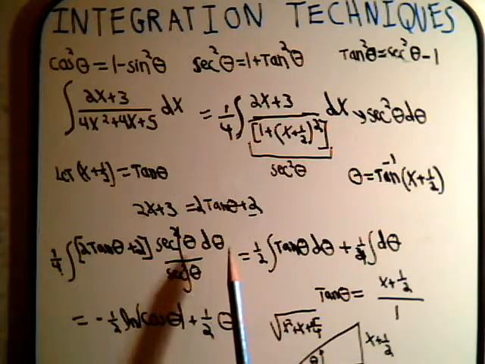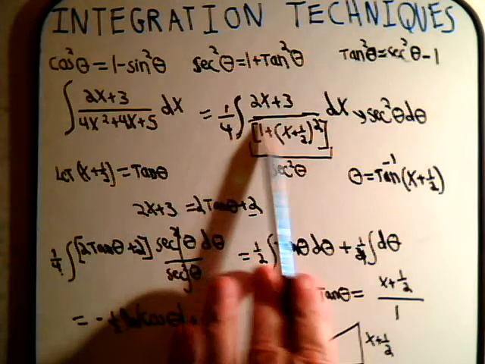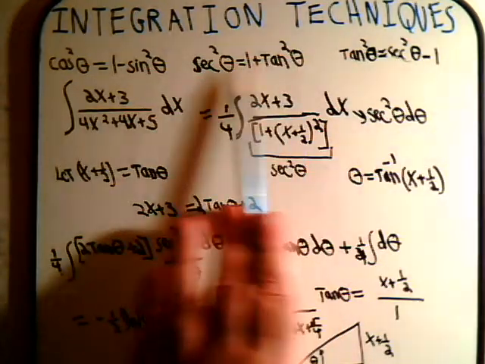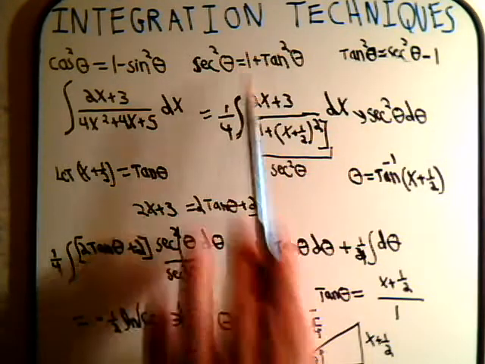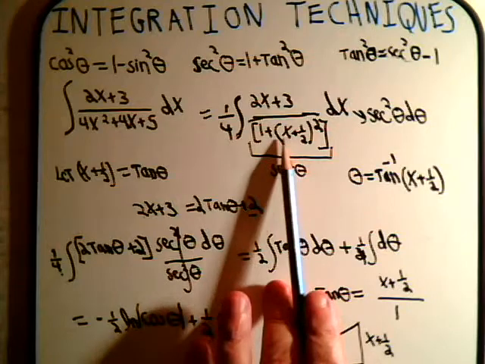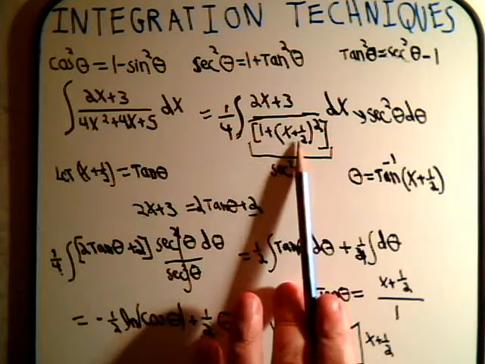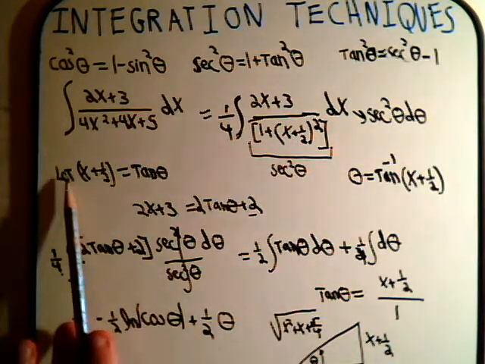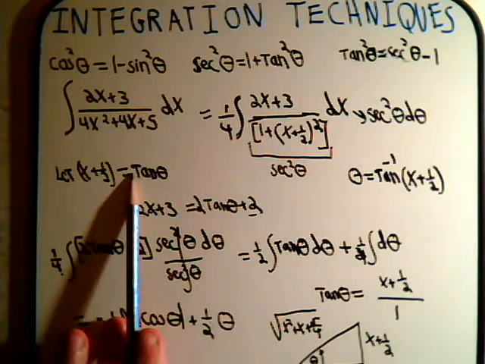And as soon as that happened, we realized that this was amenable here to this type of trig substitution, where we take our variable, which we're considering x plus 1/2 a single variable, and setting it equal to the tangent of theta.